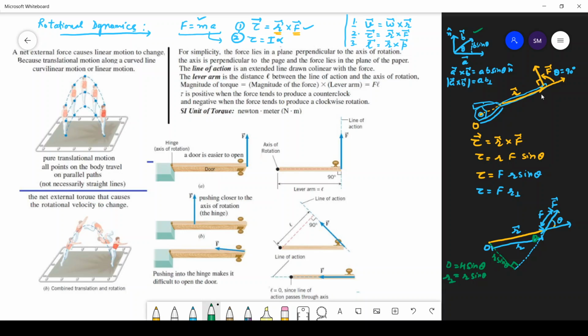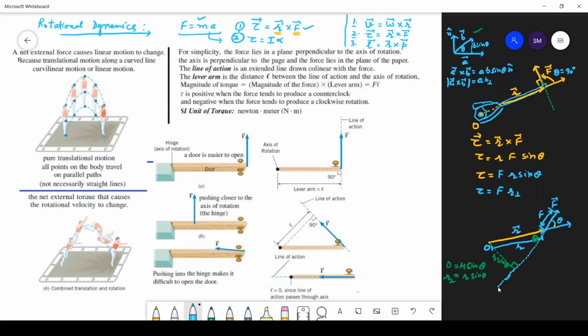What about, sir, in this case? In this case, this is your line of action. What do we call this line where the force is applied? Line of action. Yes, very good.